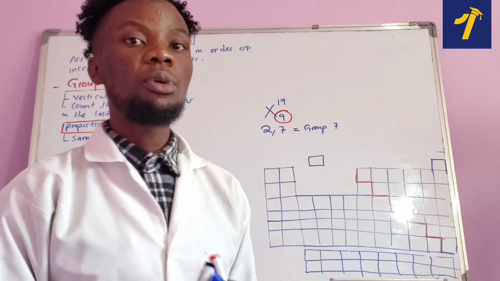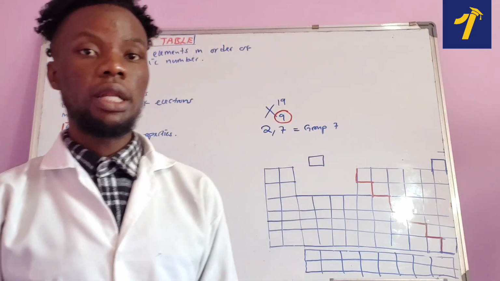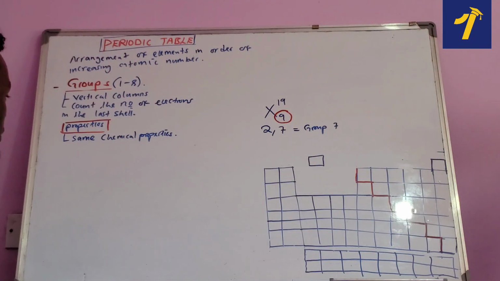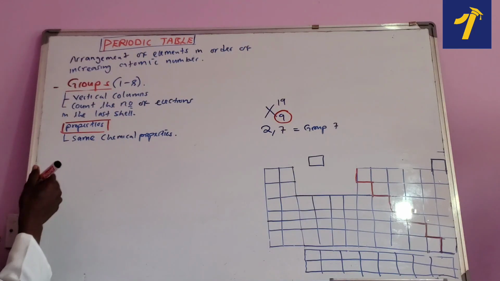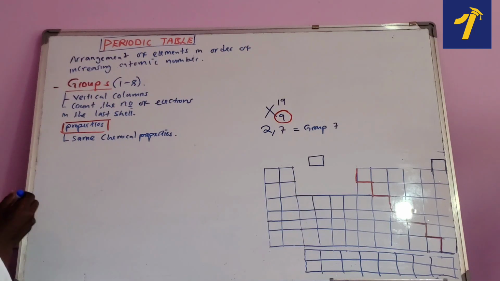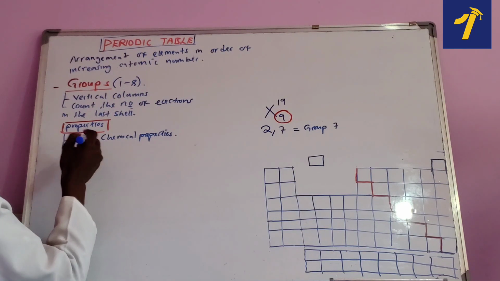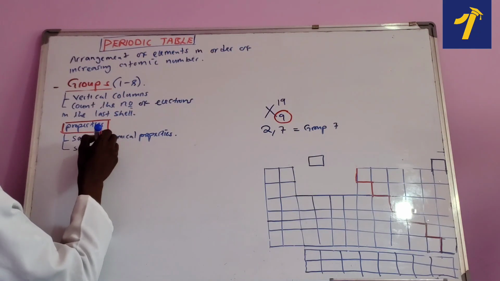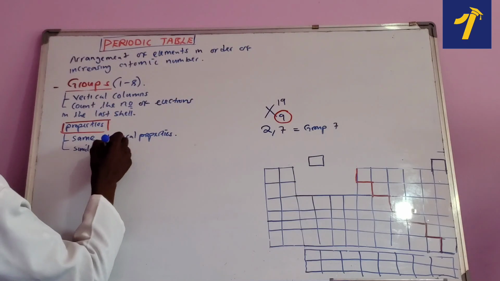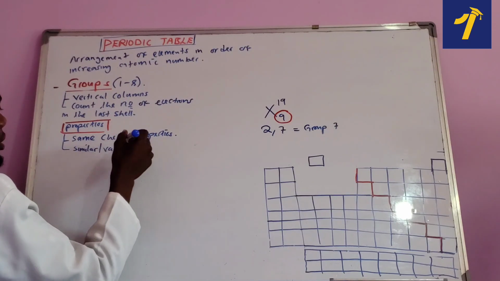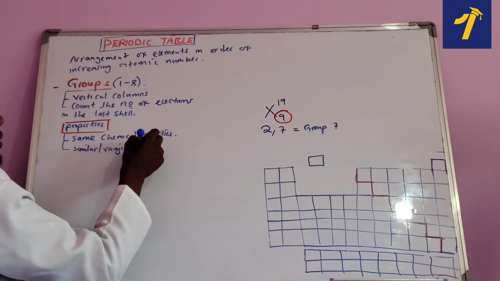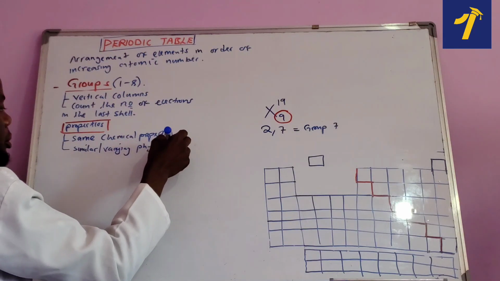Basically, those are the chemical properties of that atom or element. So elements in the same group are going to have the same chemical properties, but the physical properties vary. So we can say similar or varying physical properties.